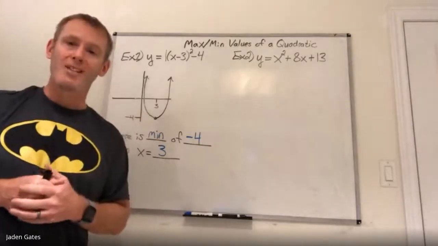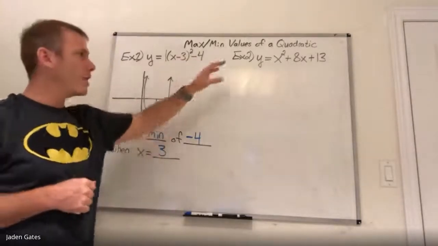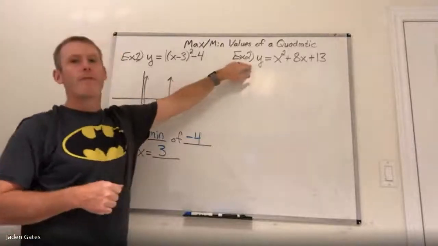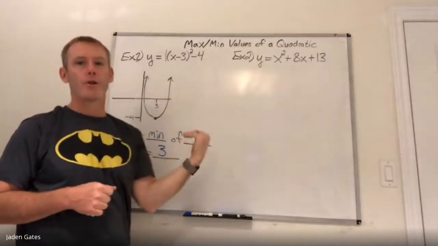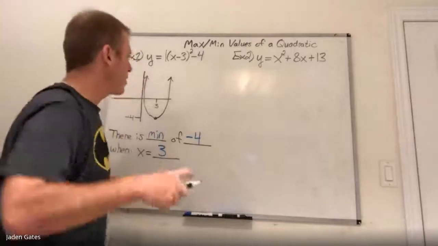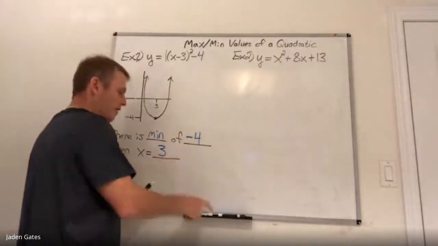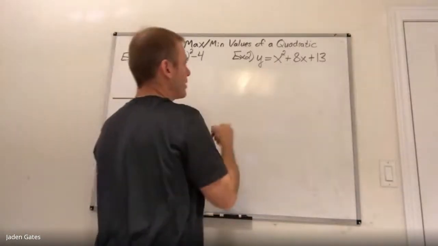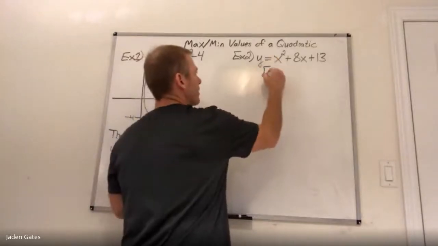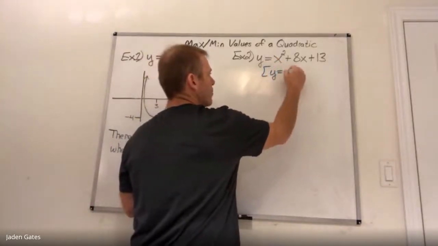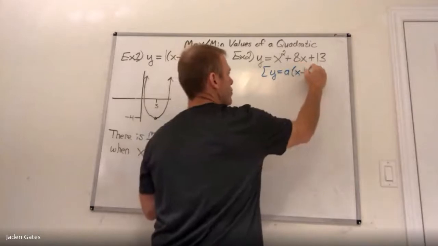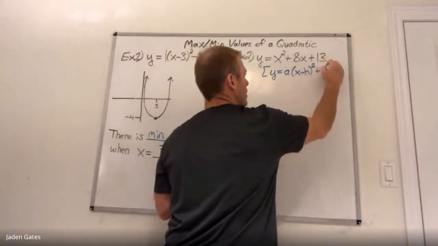We're going to complete the square, which is converting a quadratic equation from standard form to vertex form. And so essentially what we're looking at is taking something like this and making it look like this: y equals a times (x minus h) squared plus k.